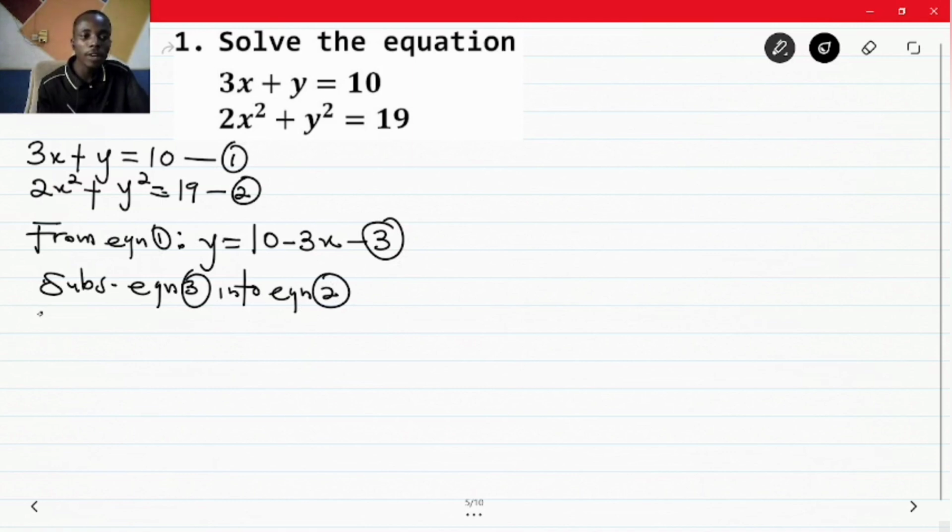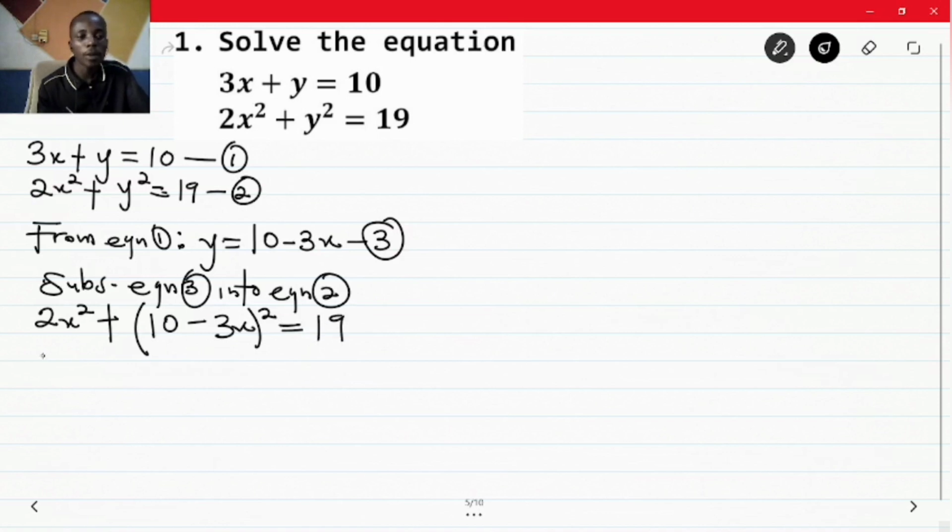So I will have 2x squared plus y squared. Y now is 10 minus 3x, so I'll open a bracket. I have 10 minus 3x, and I put my square, equals 19.